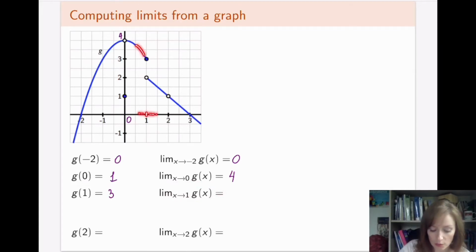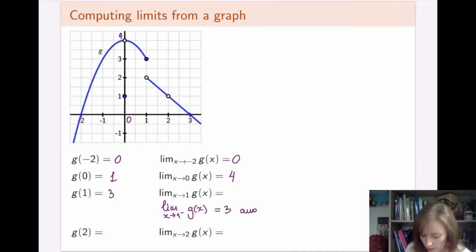I'm going to go from the left and from the right, and here I see that from the left, it approaches one value, and from the right, it approaches a different value. So the limit as x approaches 1 from the left is equal to 3, and the limit as x approaches 1 from the right is equal to 2.